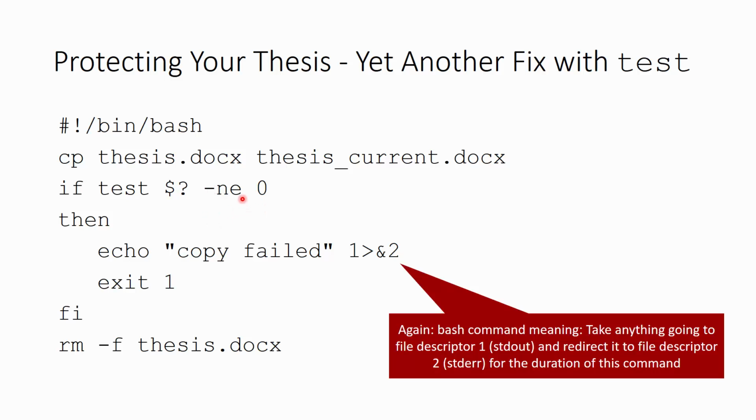And if it is not equal to 0, then we are going to trigger this copy failed echo command. We'll exit out. But if it succeeded, if this whole thing up here returned 0, then go ahead and remove the thesis.